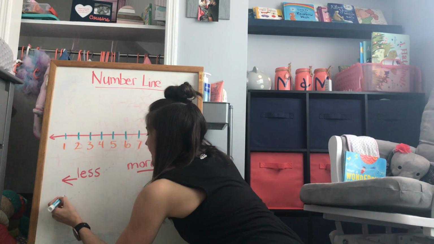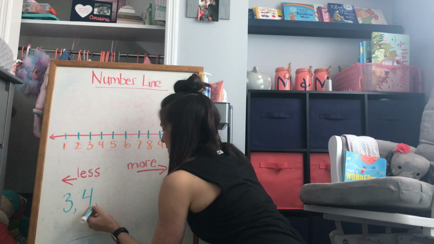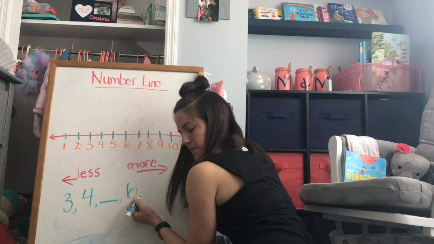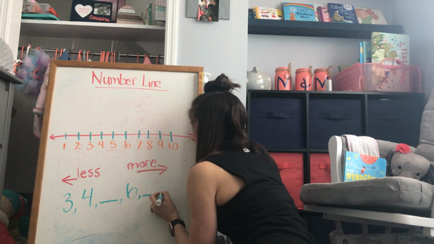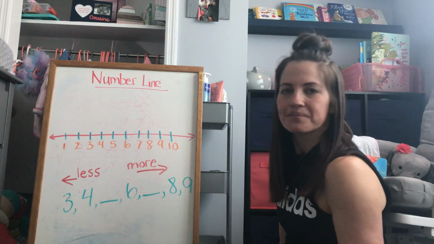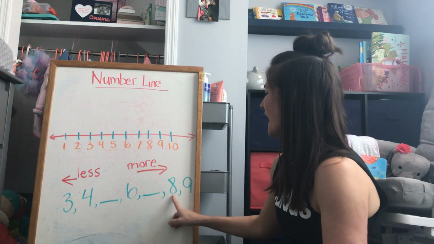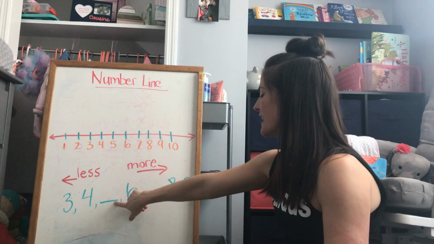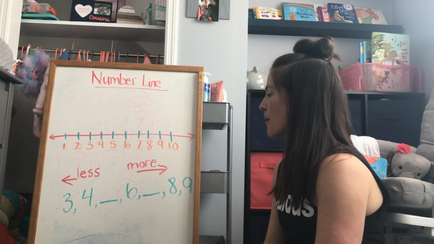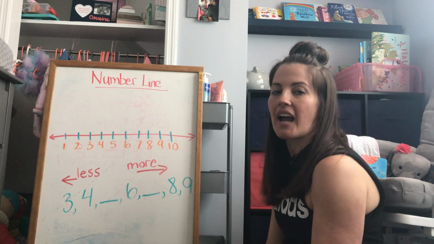I'm starting at 3. 3, 4, 6, 8, 9. You fill in, pause me, what 2 numbers are missing. Use the number line if you need to use the number line. 3, 4, 6, 8, 9. Go.